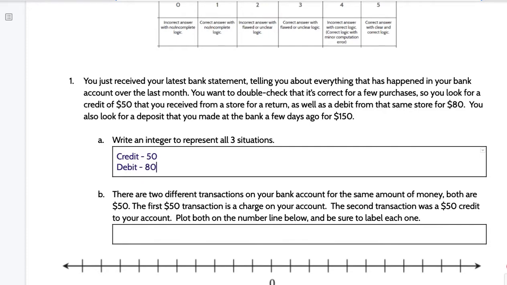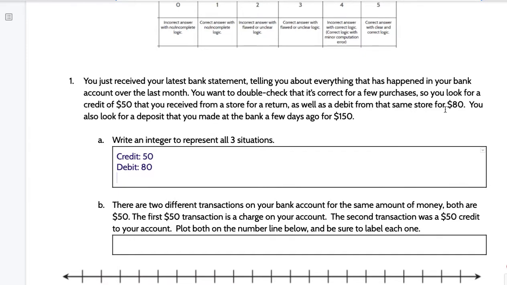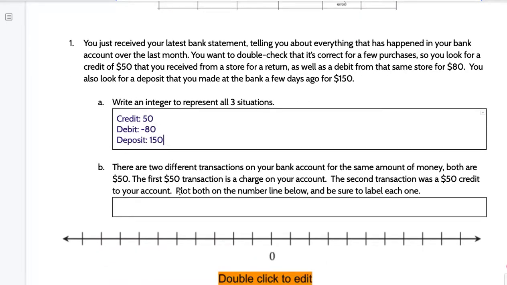I'm going to write it as negative, so the debit is negative. So credit is positive 50, debit is negative 80, and you also look for a deposit to the bank. The deposit would be positive 150. So 50, negative 80, and positive 150.